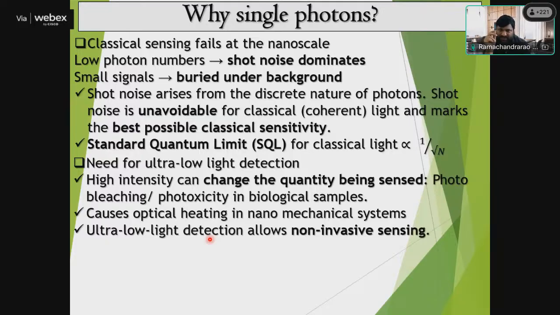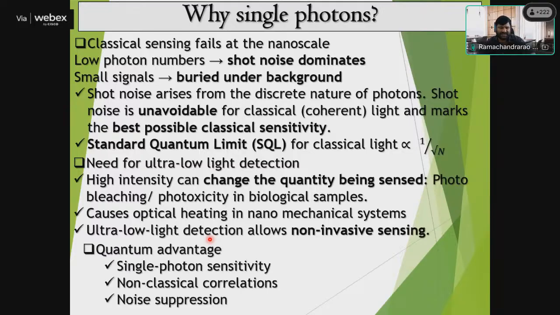You may destroy if you send a really high light pulse. But if you send only one photon, what is going to happen is that you don't destroy it, and you don't perturb the system much. It is very light, and you can sense it without any perturbation to the system. So this is the advantage on the quantum side when you use single photons: you gain single photon sensitivity.